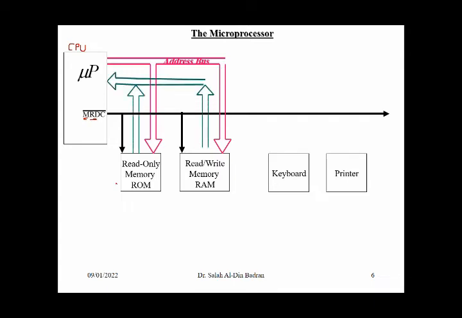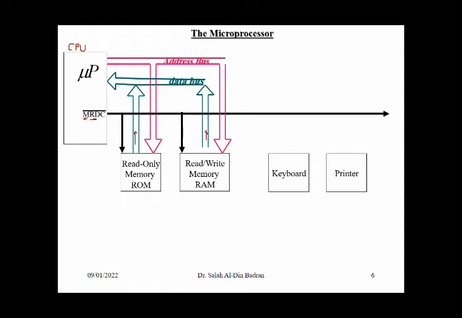The ROM or RAM, after getting this instruction for that specific address, will respond, will acknowledge that, and send the information, the data, in this direction to the microprocessor. These are wires that will carry this data.